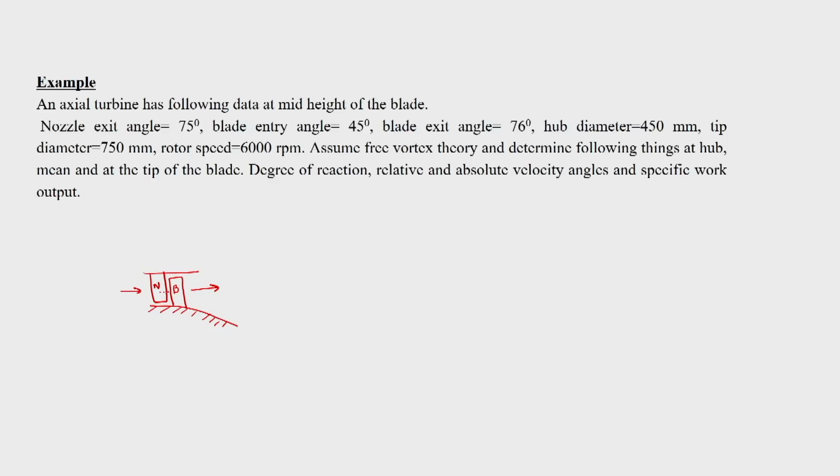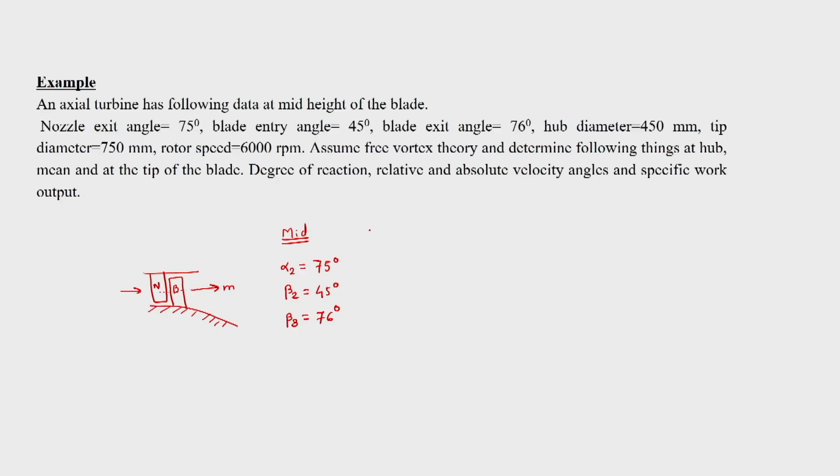So what we are given is at the mid height, so this is mid, and we are told that the nozzle exit angle, which is alpha 2, is 75 degrees. We are again told that the blade entry angle is beta 2, which is 45 degrees, and the blade exit angle, which is beta 3, is 76 degrees. So these things are given at the mid height.